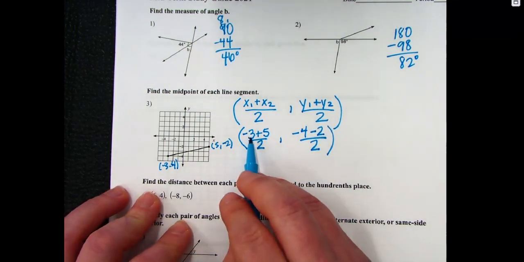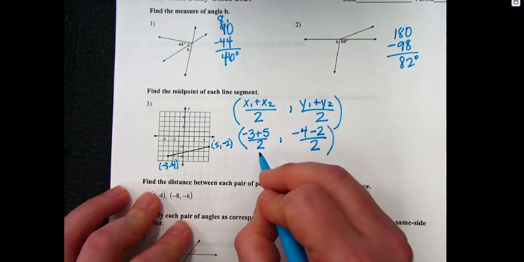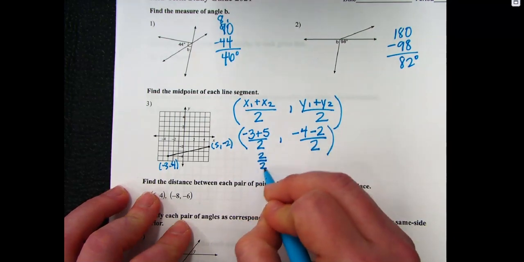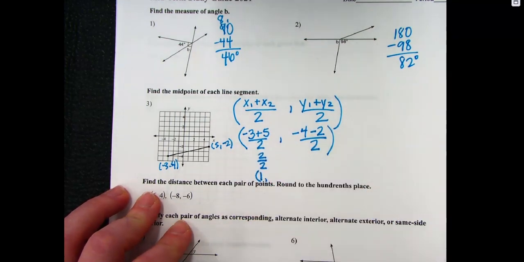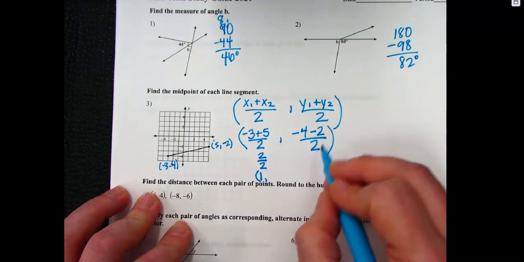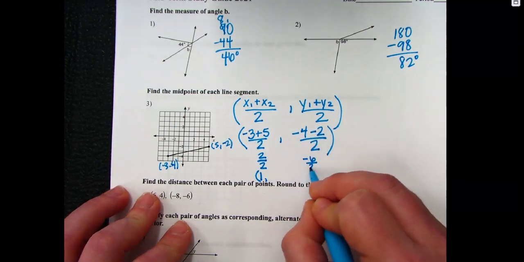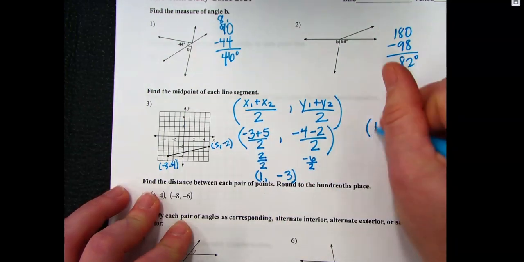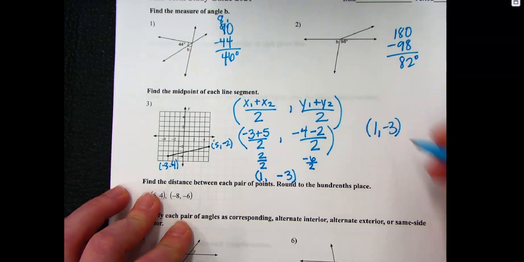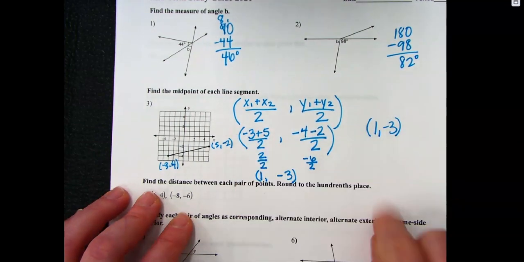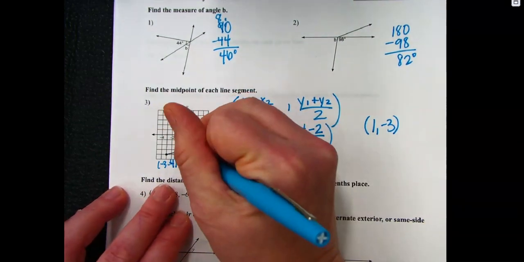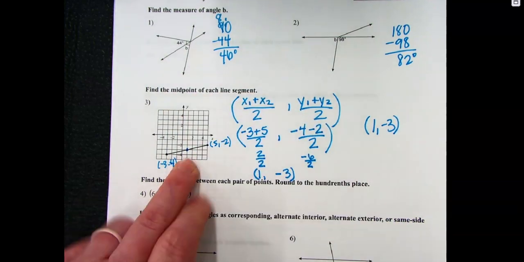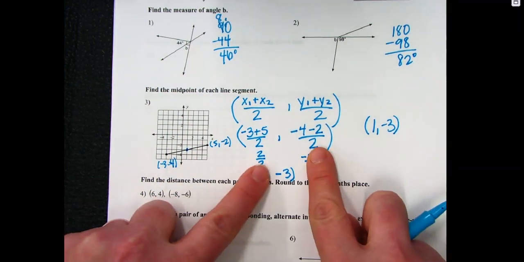Negative 3 plus 5 is 2 over 2, which is 1, comma. Over here, negative 4 minus 2 is negative 6 divided by 2, which is negative 3. So your midpoint is at 1, negative 3. I do need to see the work for this. I realize you probably could eyeball it and get that point, but that's not what I want to see. I want to see the work.